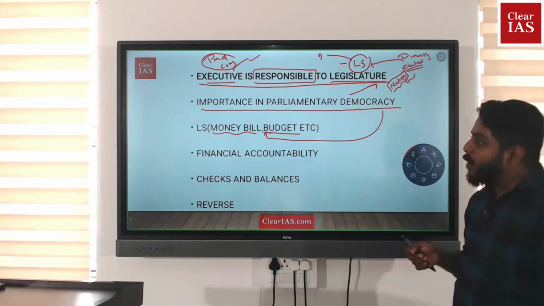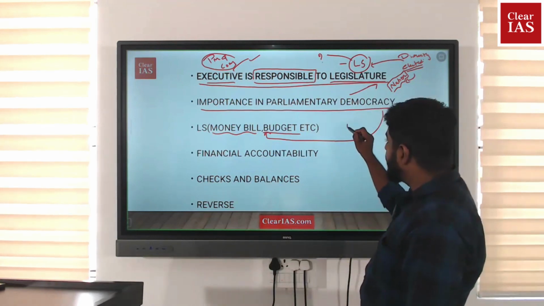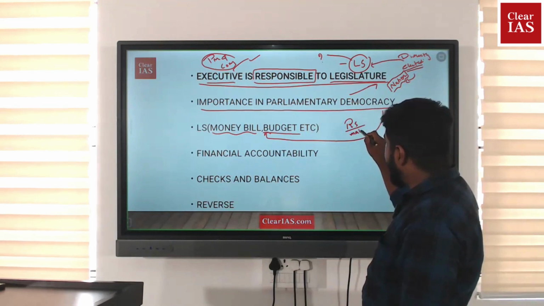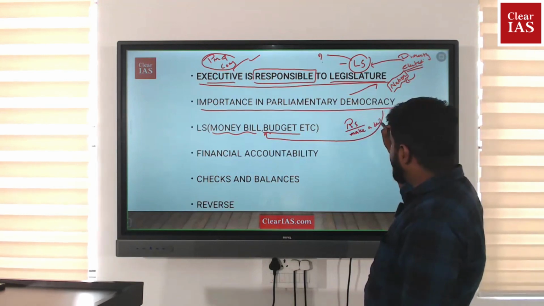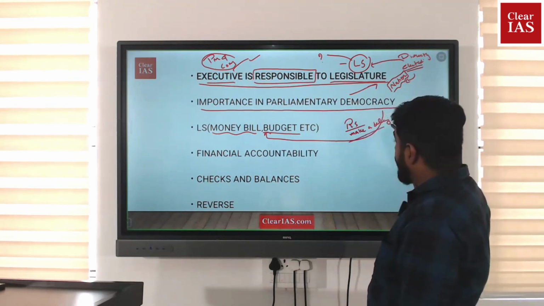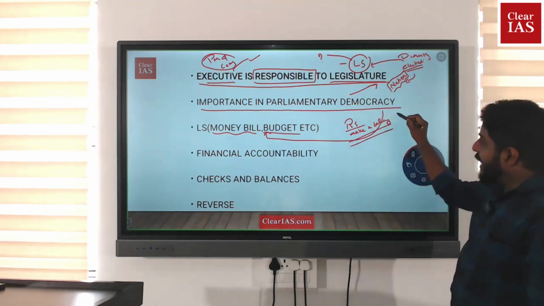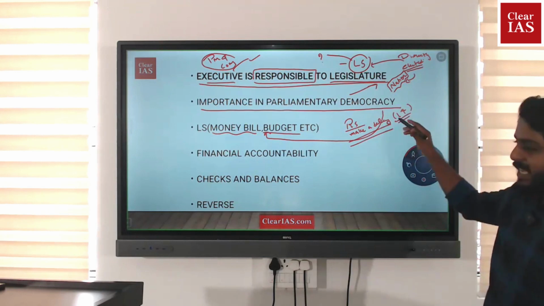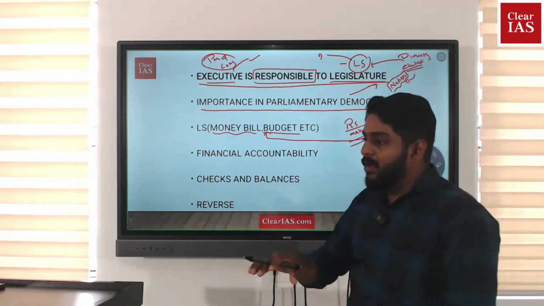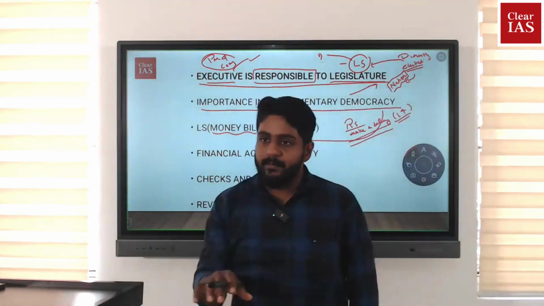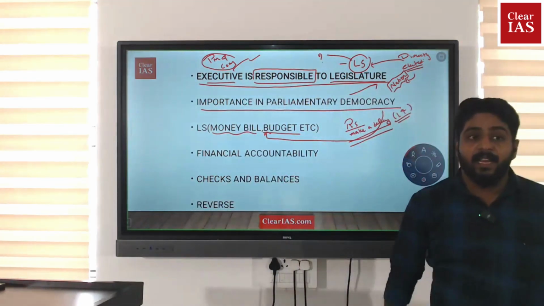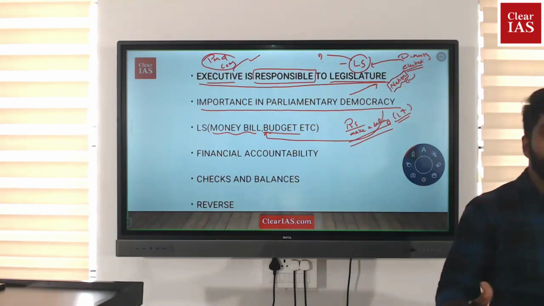Rajya Sabha can only make a delay, for the enactment of the money bill. In other words, for 14 days, Rajya Sabha can keep the money bill on the table without taking any action. On the 15th day, it will be passed exactly as per the decision of Lok Sabha.